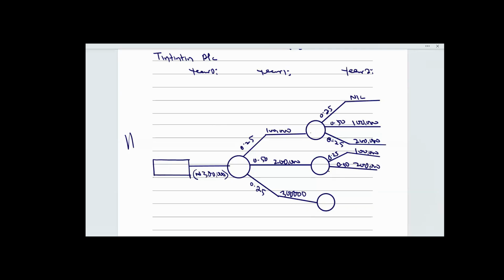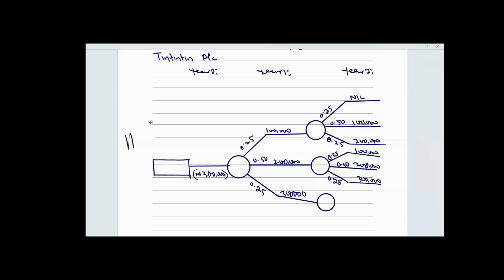Then if cash flow in year one is 200,000, probability of 0.25 that cash flow in year two will be 300,000.